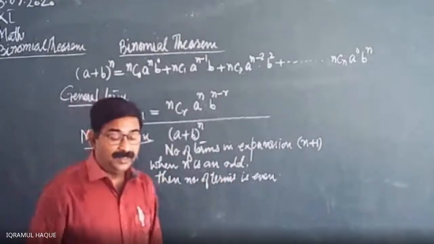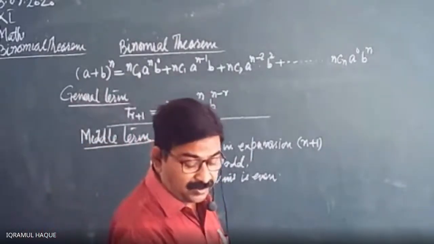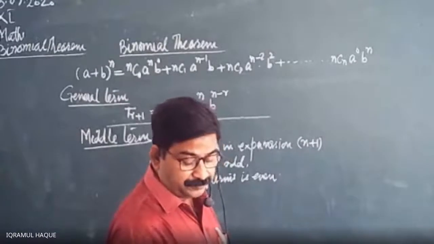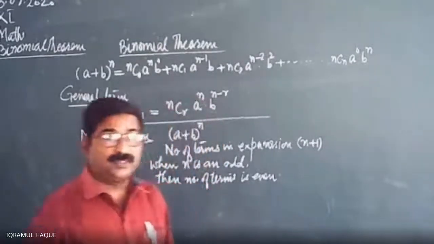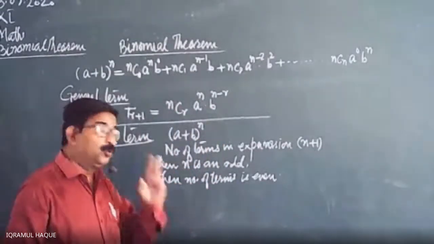And you know, in statistics you have been taught that if the number of terms is even, then we have two middle terms.